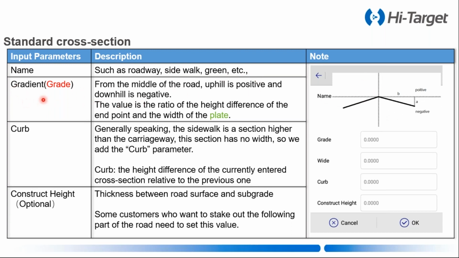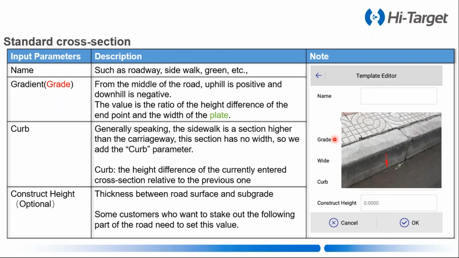In Highway, it is named grade. Here, this is the standard cross section. You can see the center of this point is the highest, and the height of the outer edge is lower.